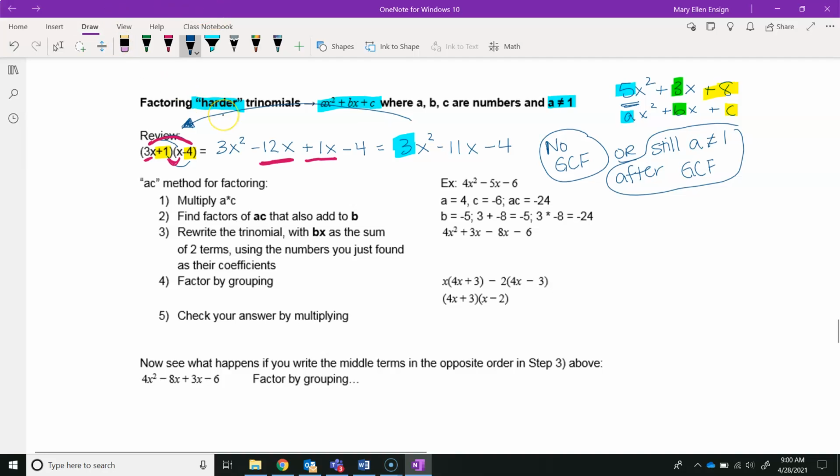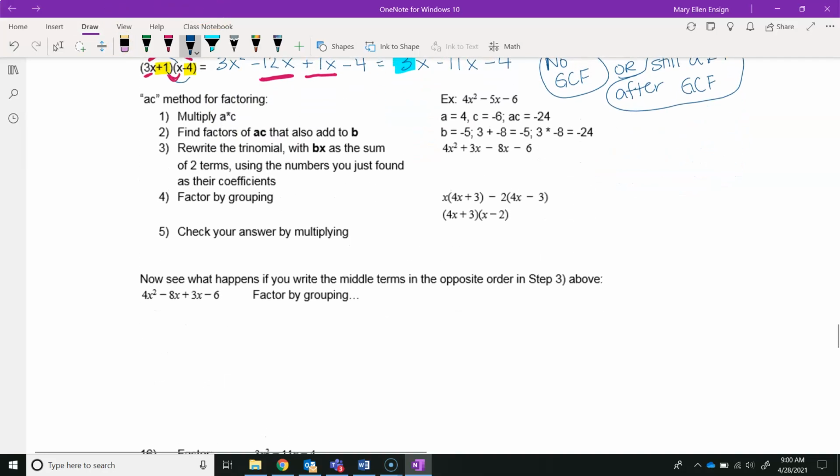So if we have a harder trinomial, we're going to use what we call the AC method. We're going to go through this example on the right-hand side as we go through the steps on the left-hand side. The first thing we have to do is multiply A times C. You might be wondering, what do you mean A and C?